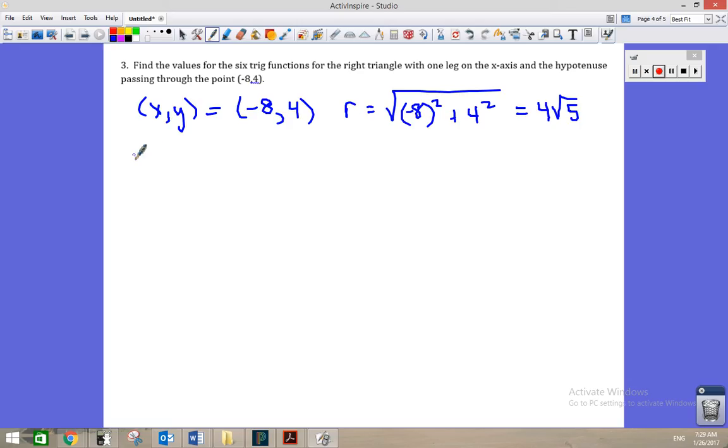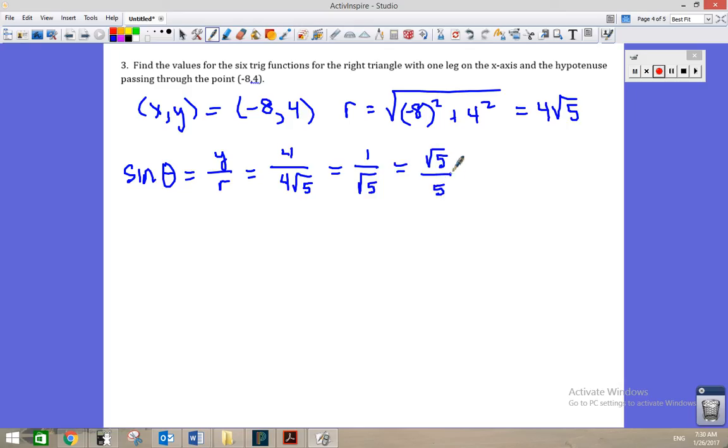Alright, so I've got the sine of theta is y over r. The 4's cancel. Rationalize the denominator, and I get radical 5 over 5.